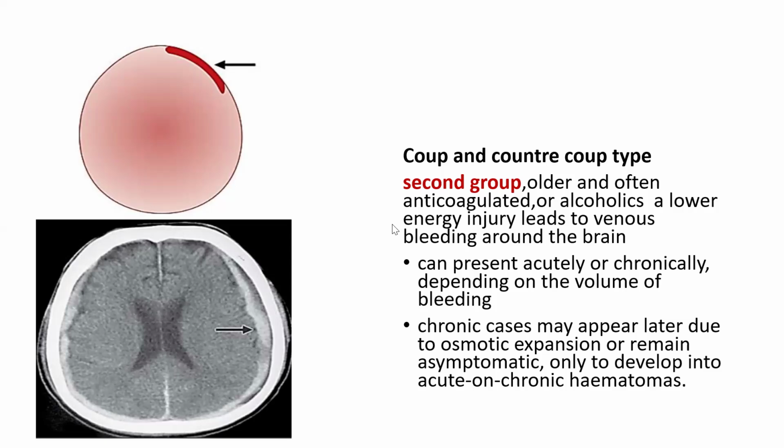So when it starts to break down, the osmolarity of these breakdowns causes water-like fluid to come from the brain into the clot. So that means that the clot is going to become less concentrated, and it appears as hypodense. It may be isodense or hypodense.